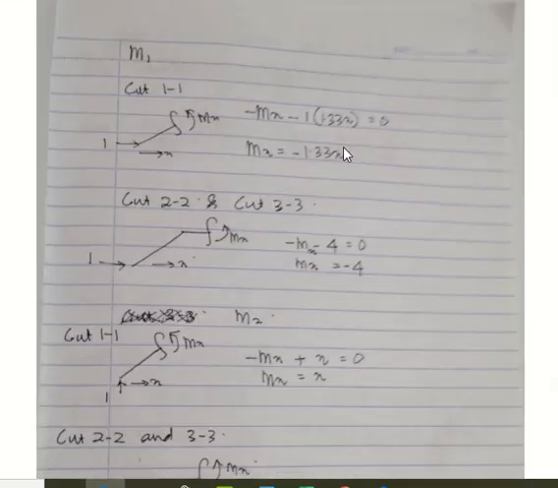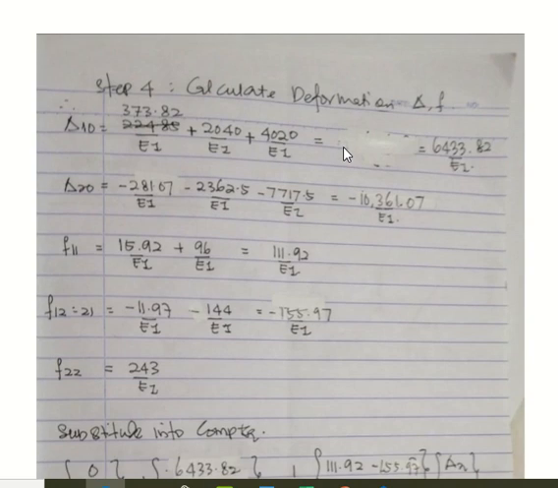Delta 1,0 and 2,0 are deformation for the primary structure. F11, F12, F21, F22 are deformation for redundant number 1 and redundant number 2. So in step number 4, you must calculate the deformation.